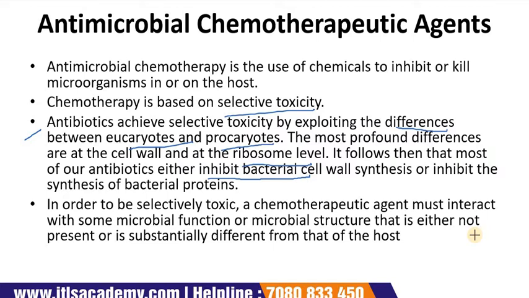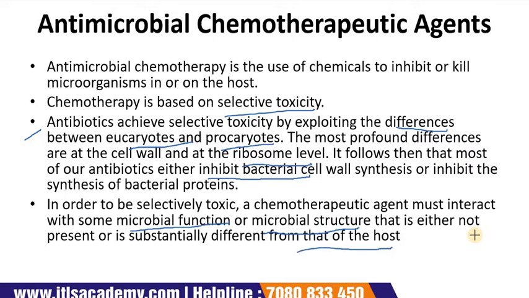In order to be selectively toxic, a chemotherapeutic agent must interact with some microbial function or microbial structure that is either not present or is substantially different from that of the host.